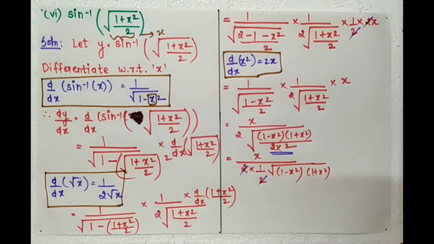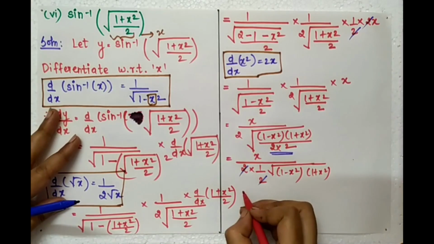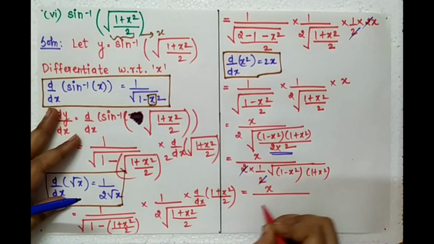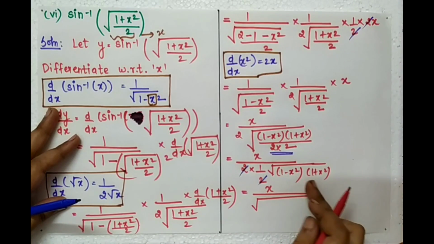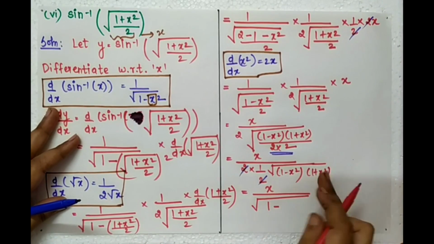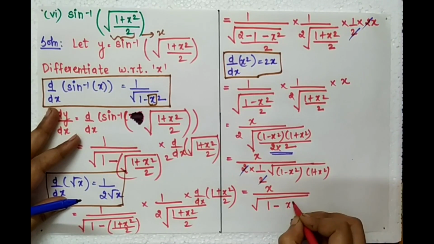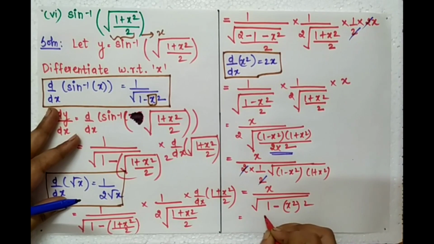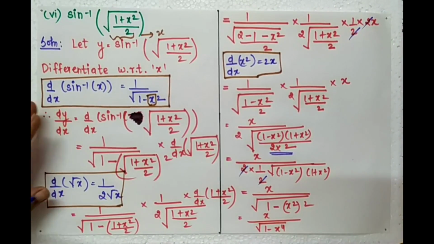So that becomes a square minus b square. So this is equal to x upon root of 1 minus x square the whole square, which is equal to x upon root of 1 minus x raised to 4. This is the answer for the given question number 6.